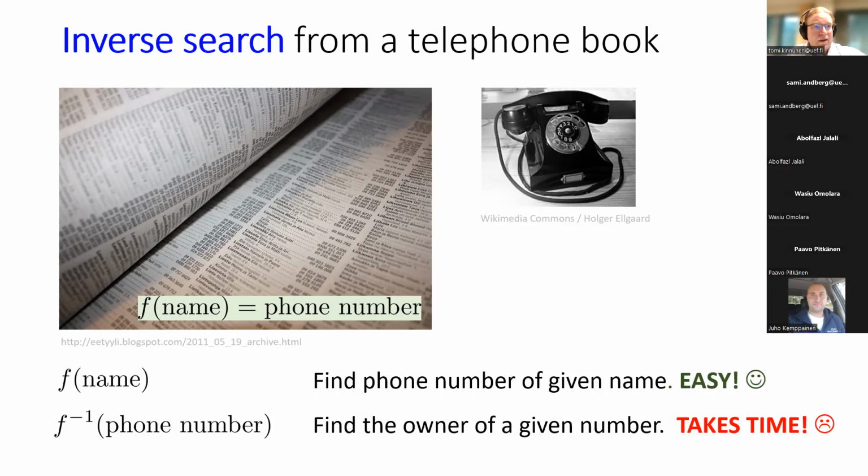That is what is known as unstructured database search. We cannot leverage the structure of the data, but have to do brute force searching to find what we want to find.